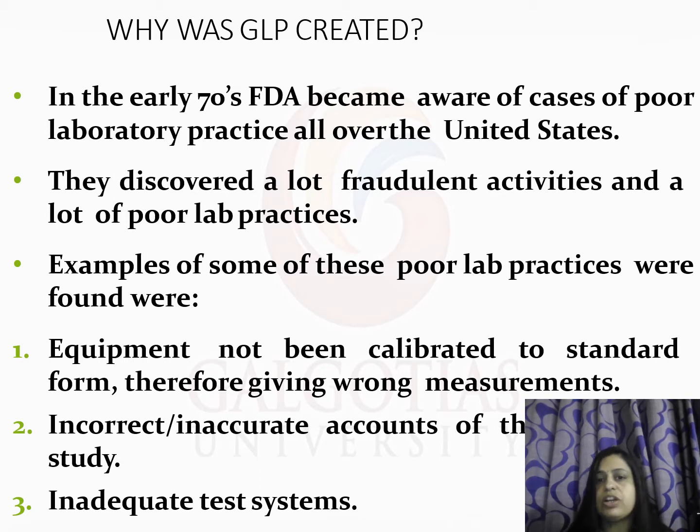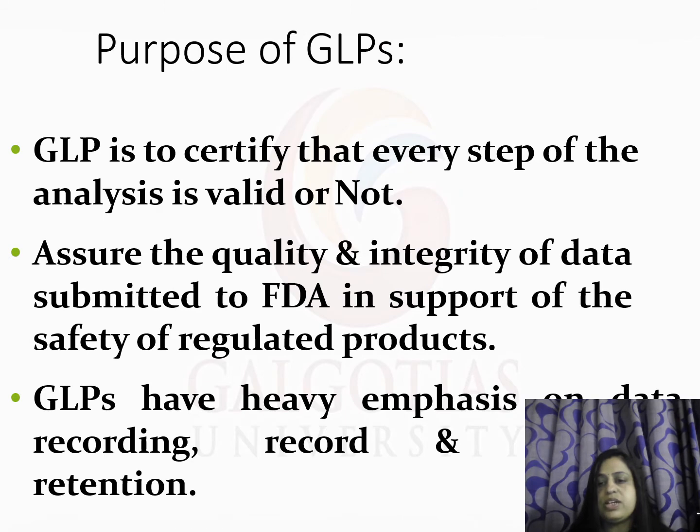They discovered a lot of fraudulent activities and poor lab practices. For example, equipment was not calibrated to standard form, therefore giving wrong measurements, an incorrect or inaccurate account of the study, and inadequate test systems. So these were the problems, and that's why it was started.